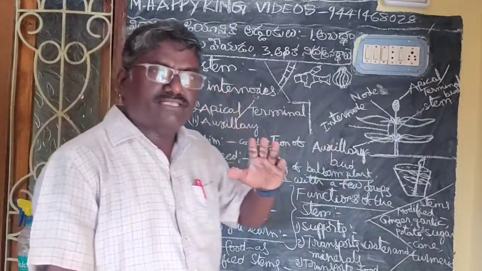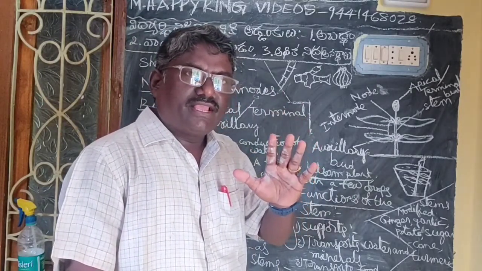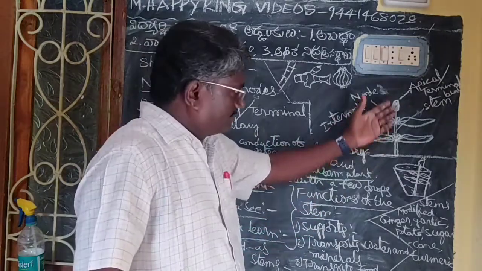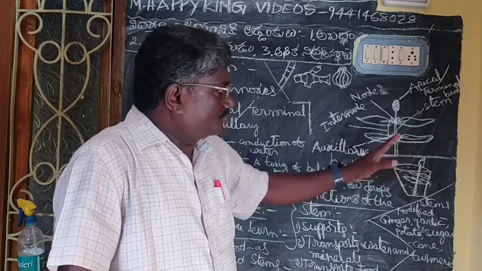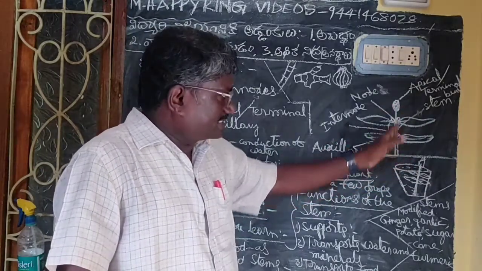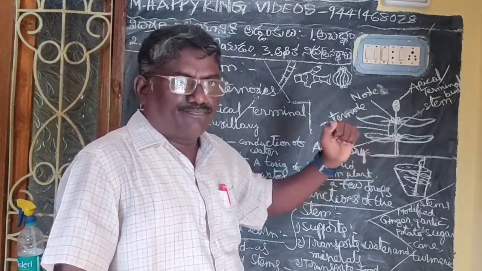The aerial part of the plant body above the ground is called the shoot system. This is the shoot system. The axis of this plant is called the stem.